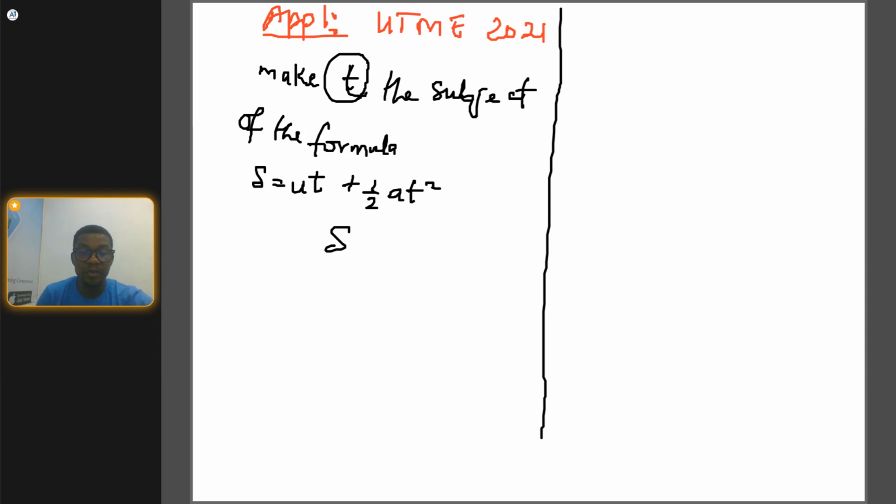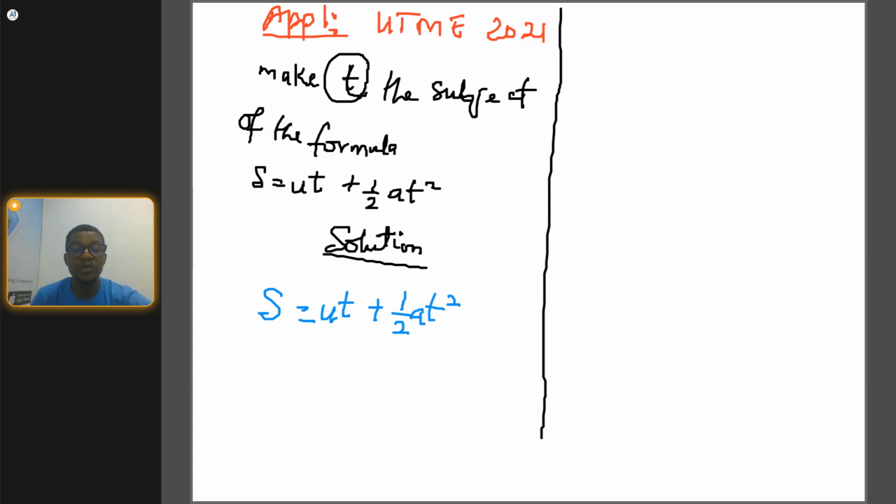Okay, let's have the solution. Please follow attentively. s equals ut plus 1 over 2 at squared. So what we have to do here is make t, letter T, the variable of focus, or the subject of the formula.